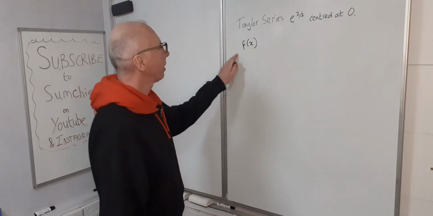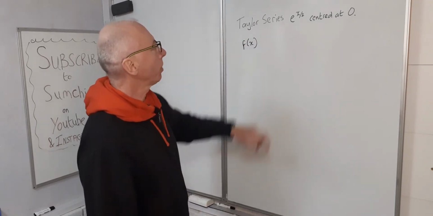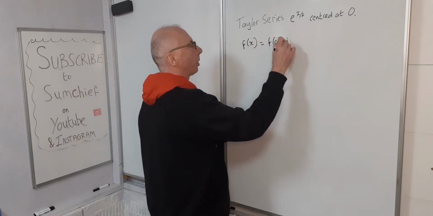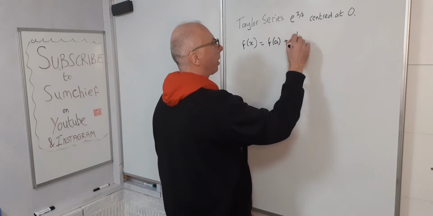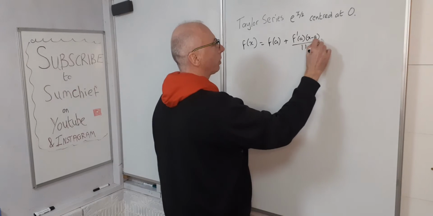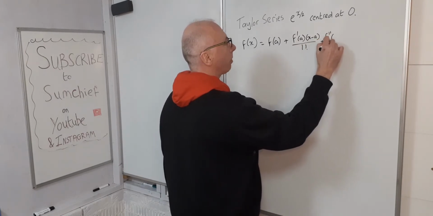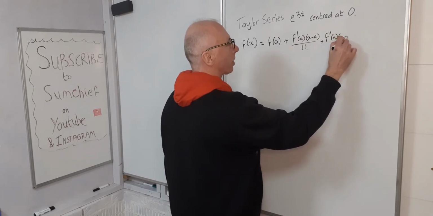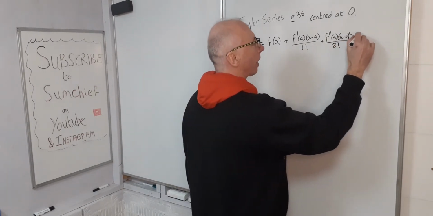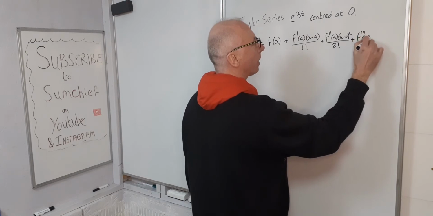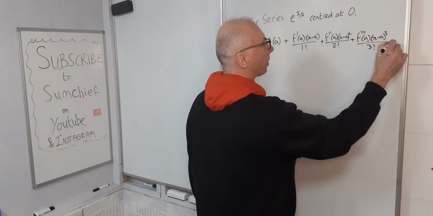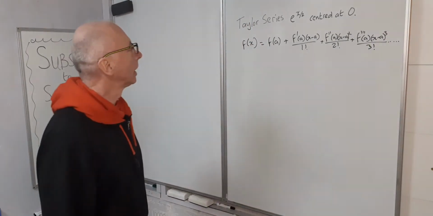So f of x, that's what we're trying to approximate, equals f of a plus f prime of a times (x minus a) over 1 factorial, plus f double prime of a times (x minus a) squared over 2 factorial, plus f triple prime of a times (x minus a) cubed over 3 factorial. Just keep going on and on and on.